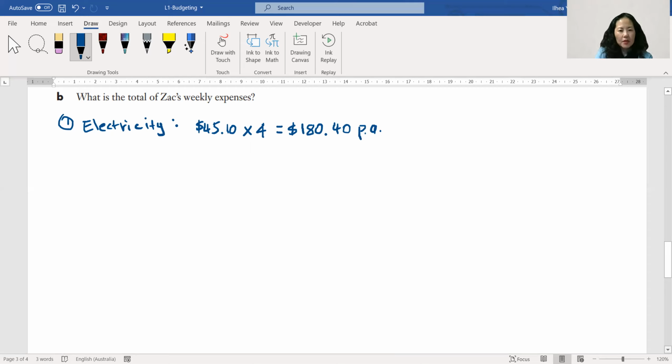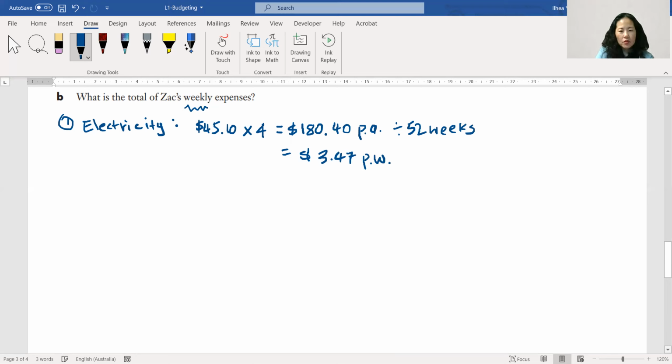And then because it says weekly expenses, I'm just going to divide that by 52 weeks a year. That'll give me how much I'm spending for the electricity bill per week. If you put that in your calculator in 2 decimal places, it's $3.47 per week.